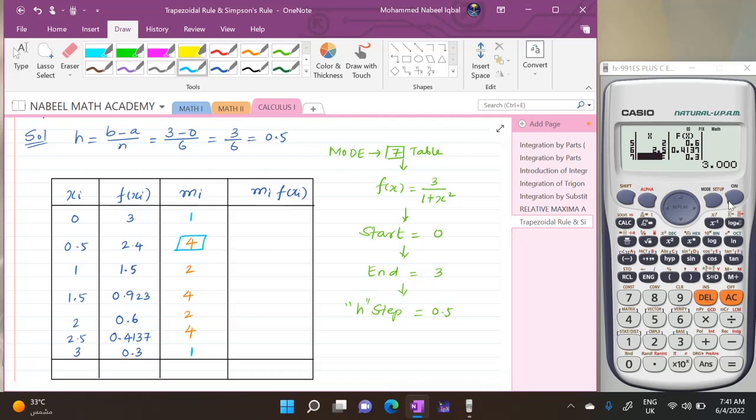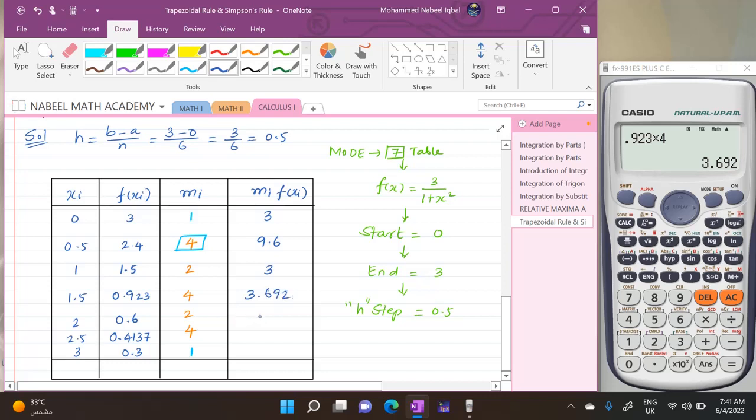Now when you multiply this one, what happened here? So this is a multiplication. You will have 3 here. So this is 4, 2.4 into 4. So it is 9.6. Here 3 and 0.92, 3 into 4 will have 3.692.